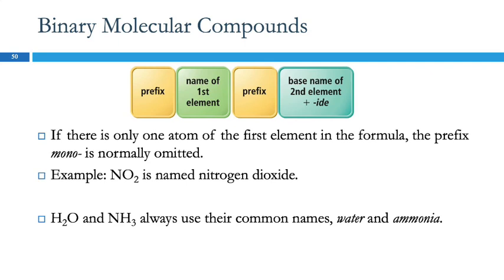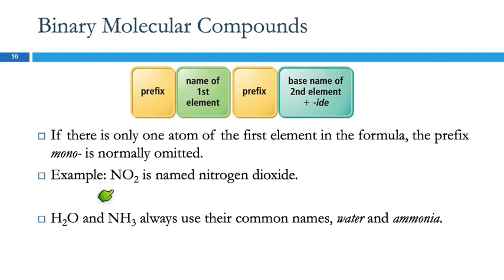Now, sometimes we don't write the word mono or the prefix mono. So typically, if mono would be used for the first element, we're not going to write it. And so you may see a little inconsistency in where mono is used or not, and we're not going to get hung up on that.